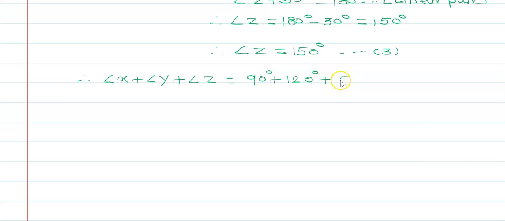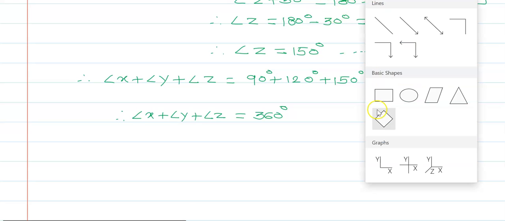Measure of angle z is 150. 90 plus 120 is 210, plus 150, and that's equal to 360. Hence, x plus y plus z is equal to 360.